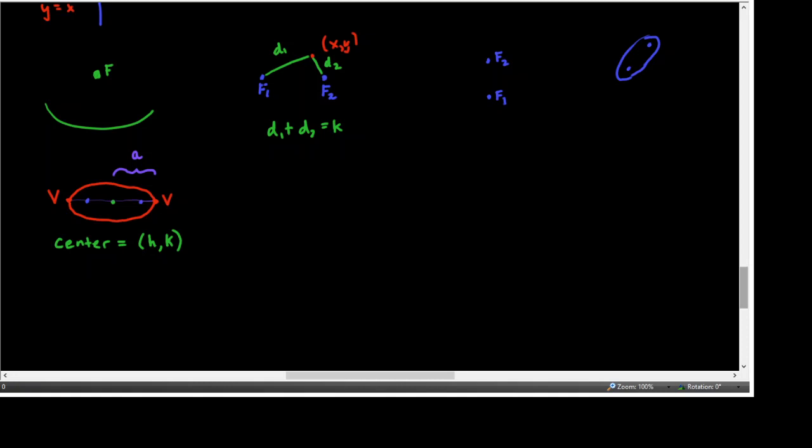And speaking of that, we're going to call that distance from the top of the ellipse to the center in this picture B. And then the distance from the center to a focus, we're going to call that C.